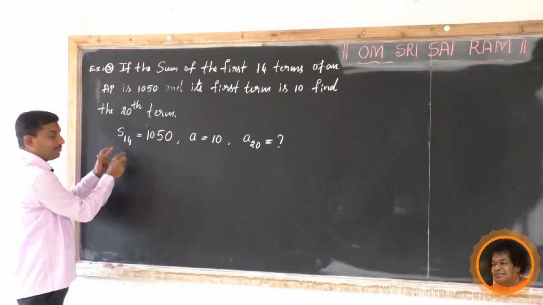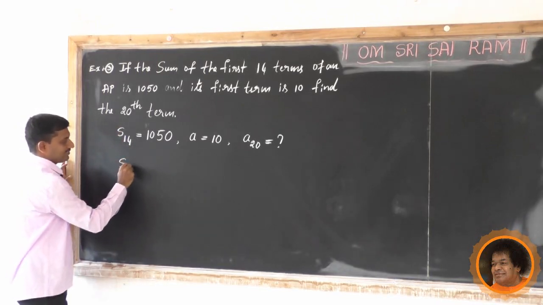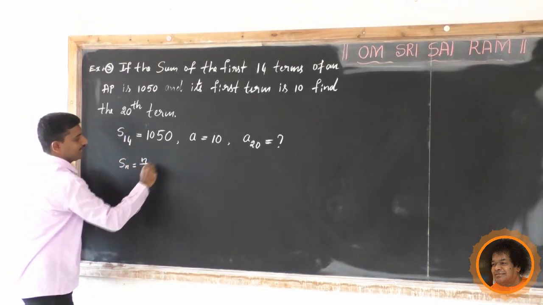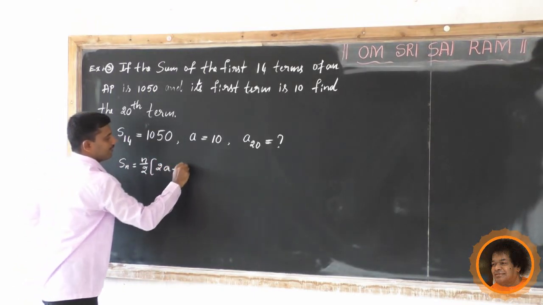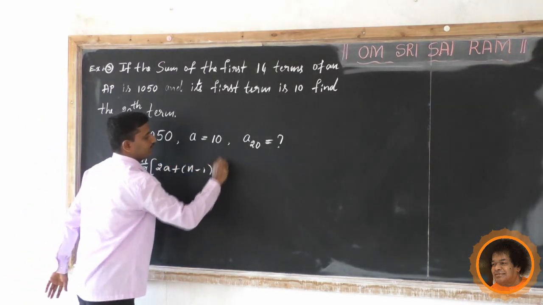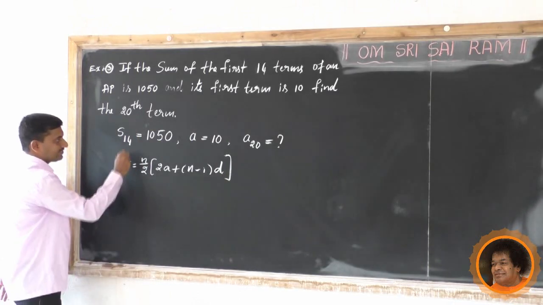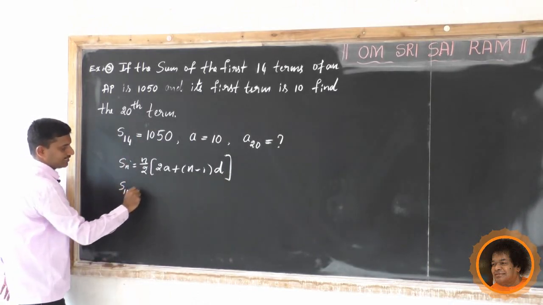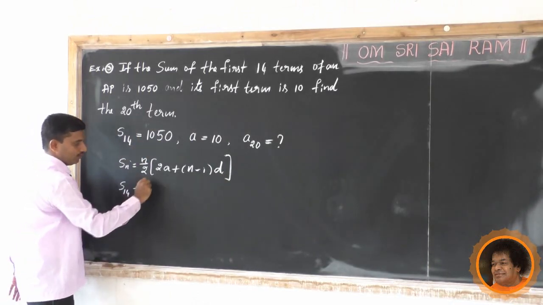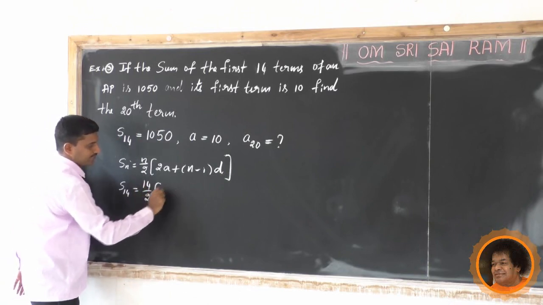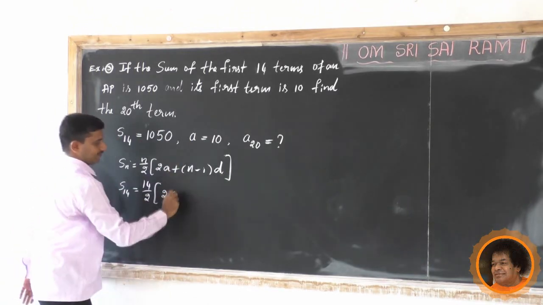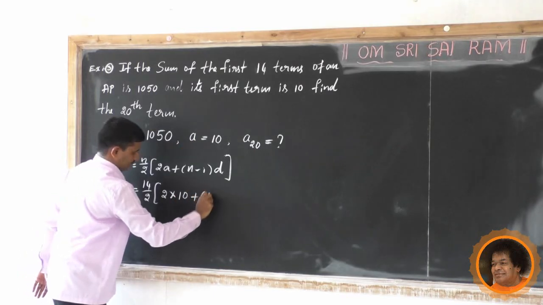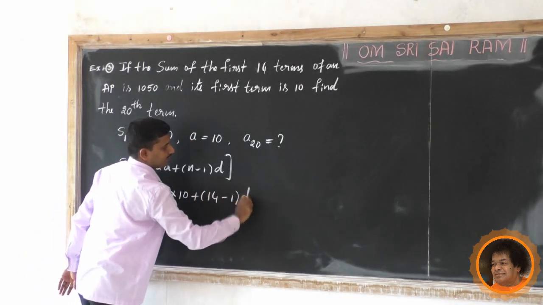S14 is in the form of Sn. You know the formula: Sn is equal to n by 2 into 2a plus n minus 1 into d. Now substitute the values. S14 is equal to 14 by 2 into 2 into the first term 10 plus 14 minus 1 into d.